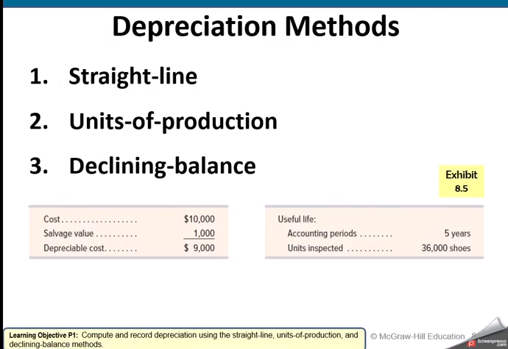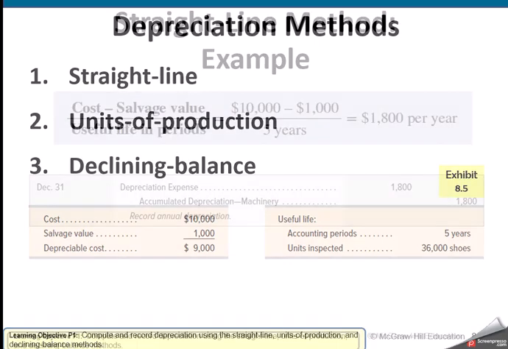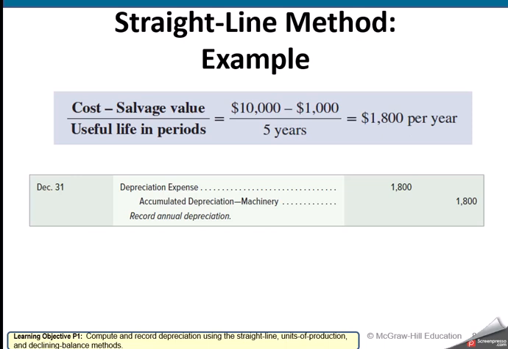So we have three different methods: straight line, units of production, and the declining balance. Straight line is the most common and the easiest. And then units of production is not bad, but it's not necessarily harder. It's just more specific. Not all assets fit into that category as well.